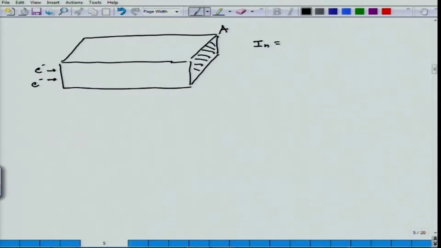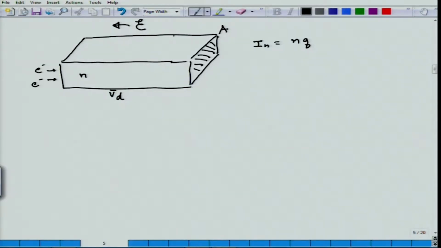is going to be given by the total number of electrons. Let n be the electron density in the conduction band, and consider the charge that will pass through this area in unit time. How many electrons will pass through this area in unit time? Let us say the drift velocity is V d, the average velocity that electrons gain in an electric field E, which I make in this direction because I have given the direction of electrons in the positive direction here.